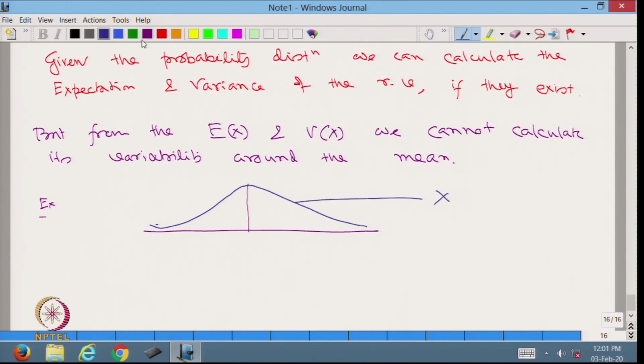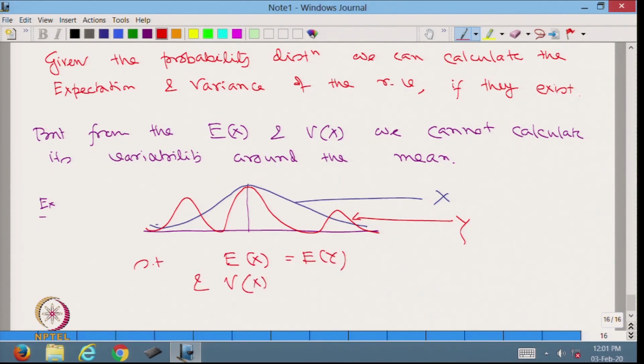There can be another random variable, say y, which has the following distribution such that expectation of x is equal to expectation of y and variance of x is equal to variance of y.